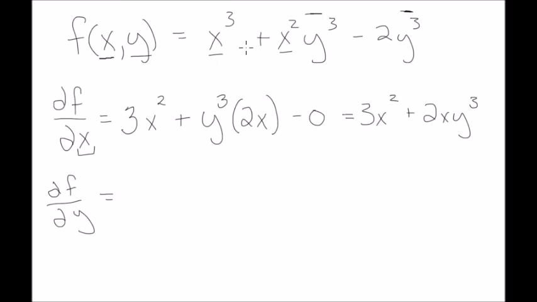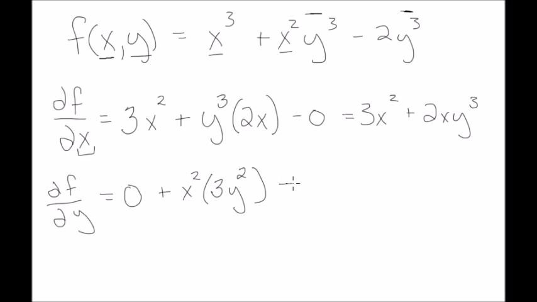This first term is a constant when I'm taking the derivative with respect to y, so its derivative is 0. In the second term, I will treat the x squared just like a constant, like a 5 multiplied in front of the y cubed, and then I'll take the derivative with respect to y of y cubed. I use the power rule and get 3y squared.